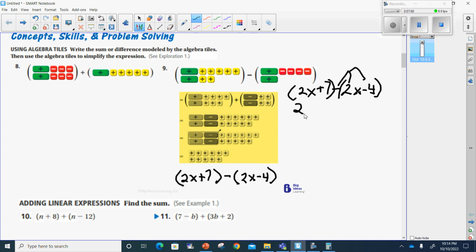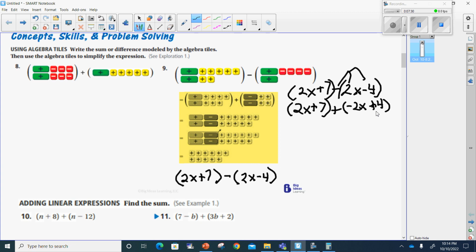Now this is going to be 2x plus 7. The negative sign is gone now. So negative times 2x is negative 2x. And negative times a negative, that's a positive 4. Okay?